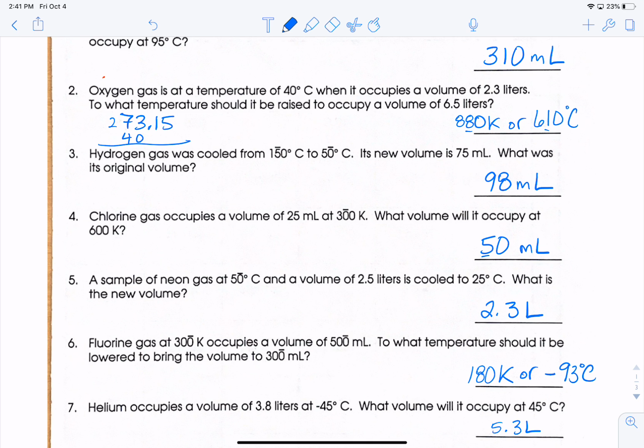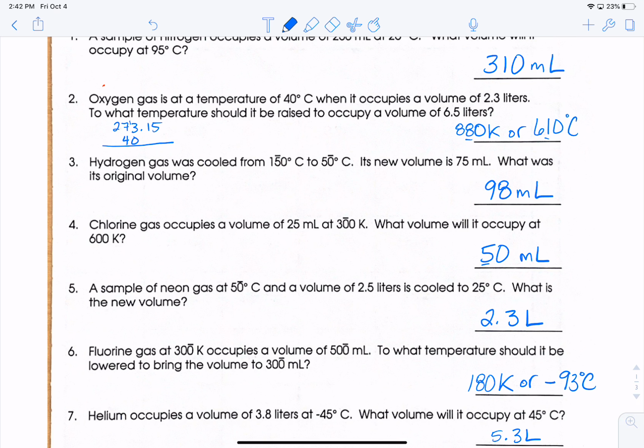Gosh, there's not much room on here. Let me write a little bit smaller here. So if I added 273.15 to 40 degrees Celsius to convert it to K, if you notice, the least significant place is the tens place, right? The 40 is ambiguous. So what I do is I do my little dotted line right here.